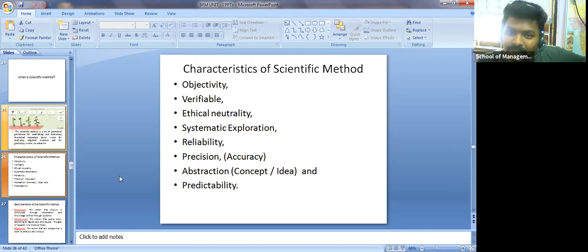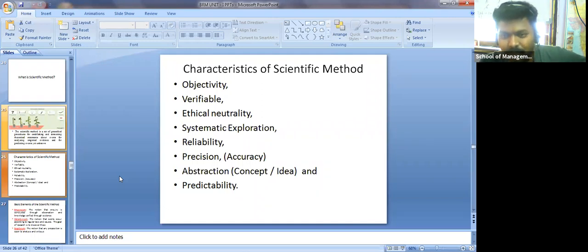And one more, ethical neutrality. Ethical neutrality means when you are doing any research work, you should have certain ethical principles, right? We know very well that cyanide can be used for a good purpose, and at the same time cyanide can be used for a bad purpose also.